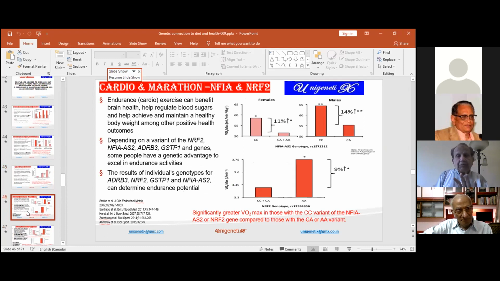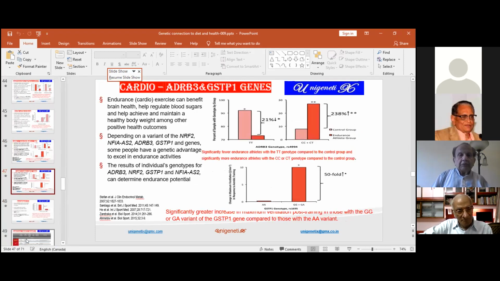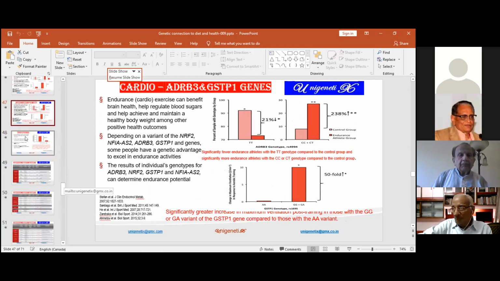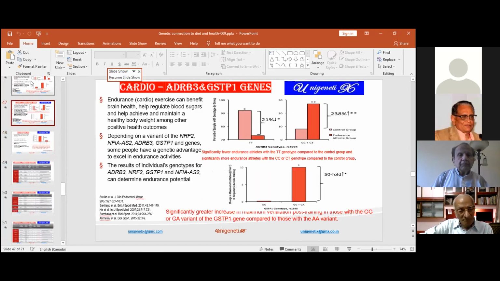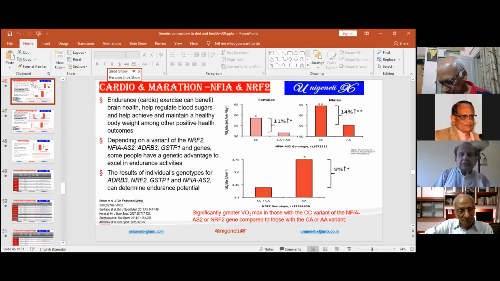Now, this is a very complicated issue, cardio and marathon running. And there are not just these two, but there are two more. So there are four genes totally in the cardio, and it would require a separate talk to try and understand.